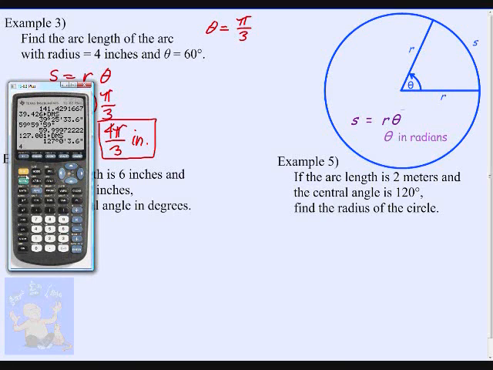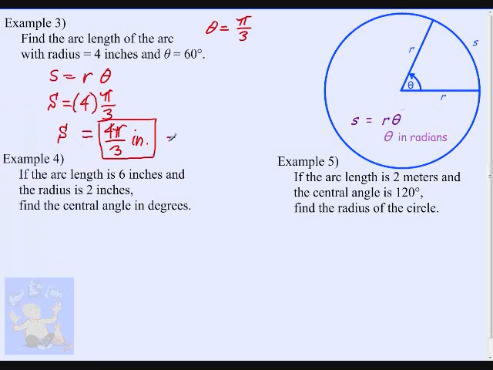4 times pi divided by 3. For instance, if you're talking to a carpenter and you gave this, they'd say, what are you talking about? Come on.